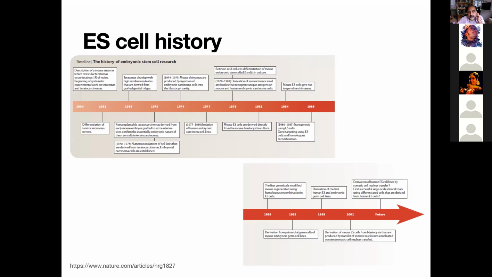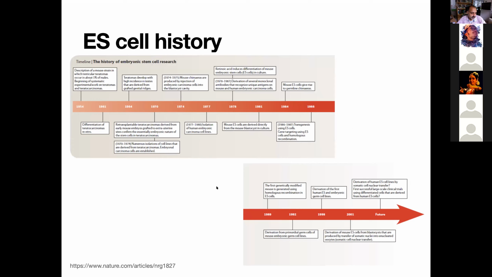So this is kind of the history of ES cell research. When you start looking into history, you realize that everything we do is built on things that have gone on before, and stem cell history is no different.